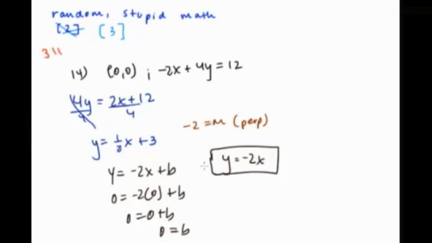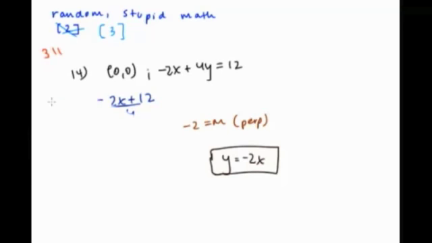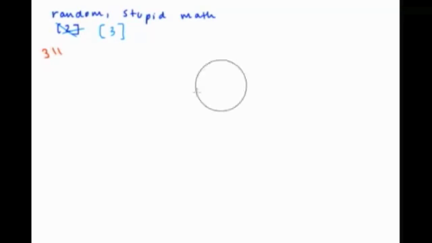Not too bad. Actually, we didn't have to solve for b and do all this fancy shenanigans. Why? Because we have the origin as one of the points. I mean, that's like the intercept of both the y and the x-axis. Next, we've got 2, negative 2.